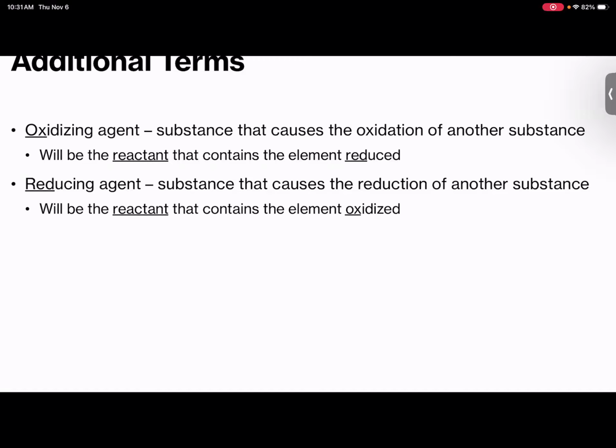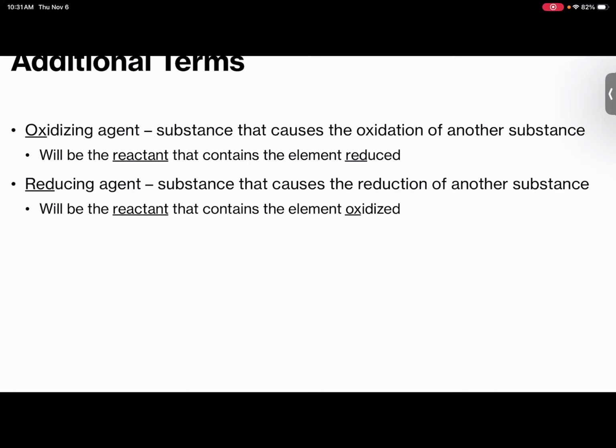But because they occur in concert, if you've got an element that's being reduced, it's going to be part of the oxidizing reagent or oxidizing reactant. Redox.